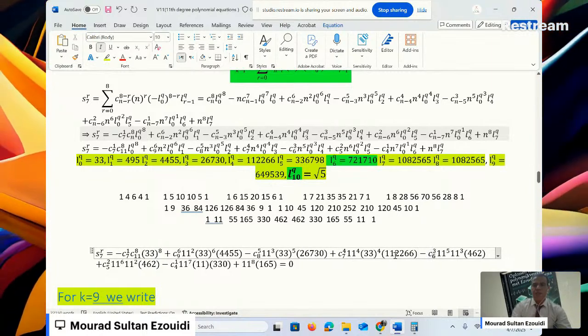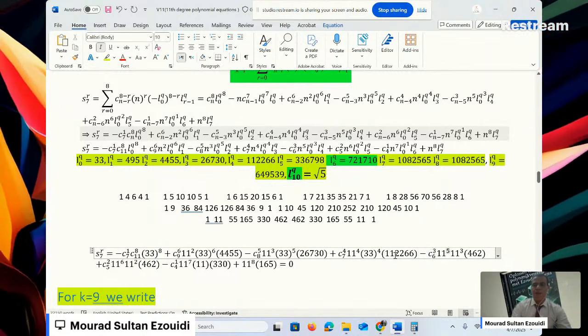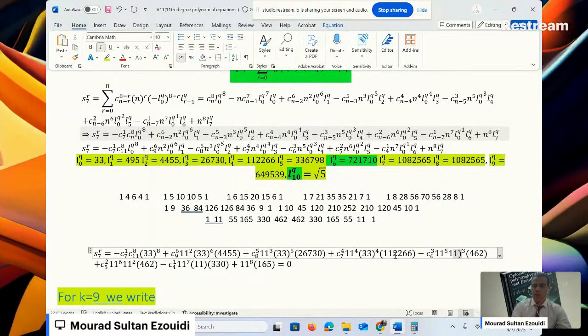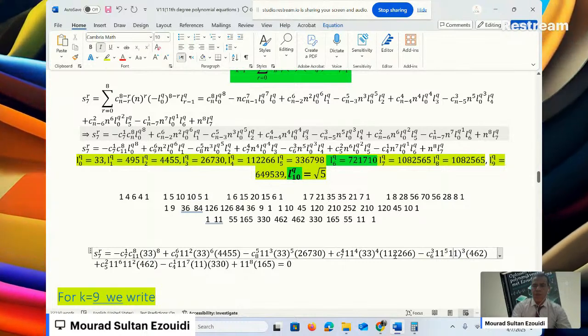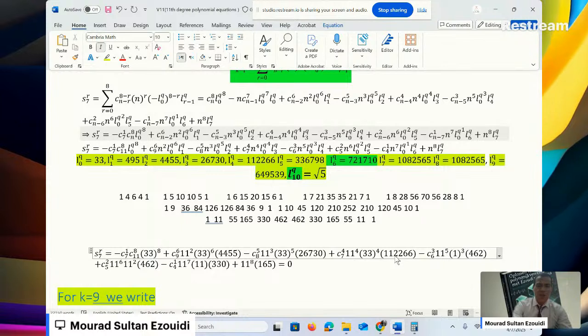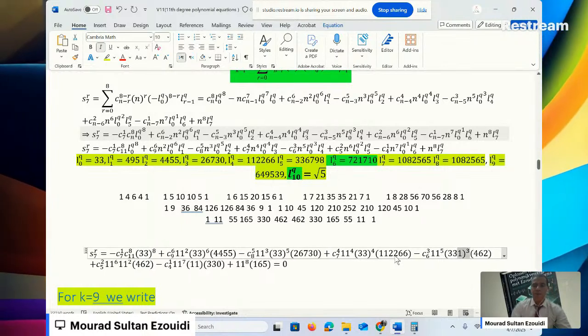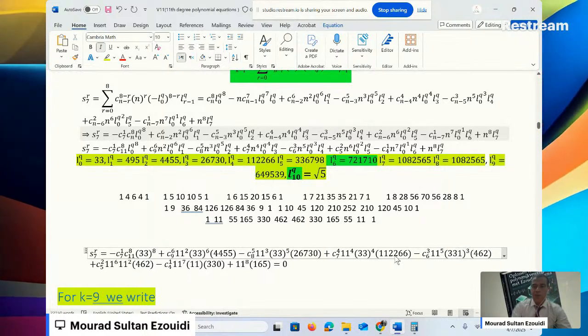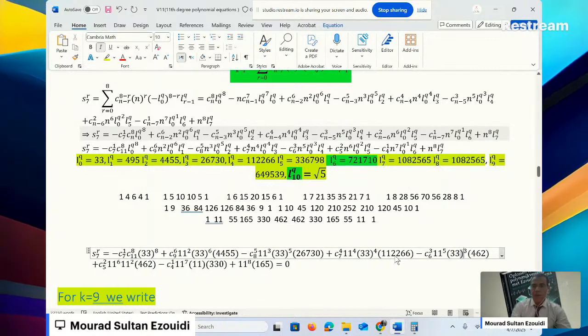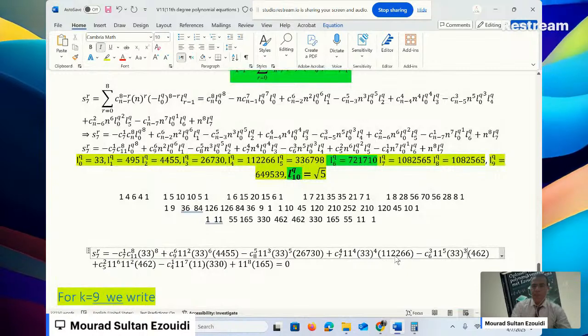Minus 61, 11 5 times the cube of 33. And this makes 19, 33, raise 1. On 1 only. Times, between parentheses, we have what?